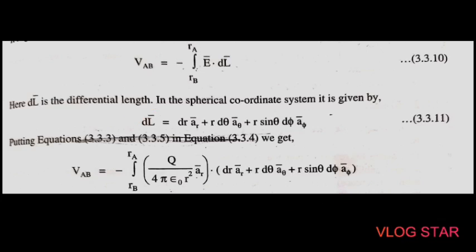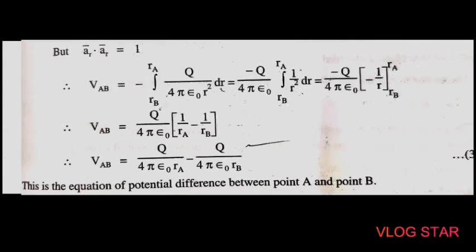Okay, then in next step, if we take here the dot product of two different unit vectors, that is AR bar into a theta bar or a theta bar into a phi bar, then it gives the answer as 0. Okay, but if we take here the dot product of same unit vector, then it is considered as 1.